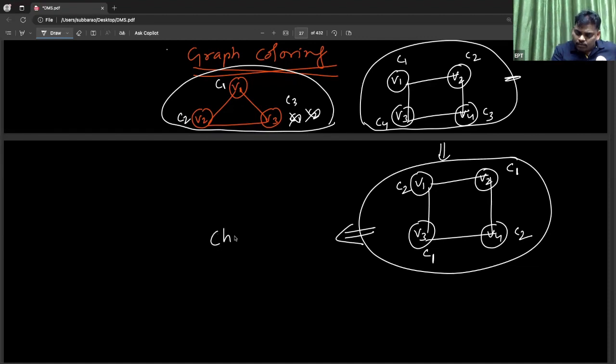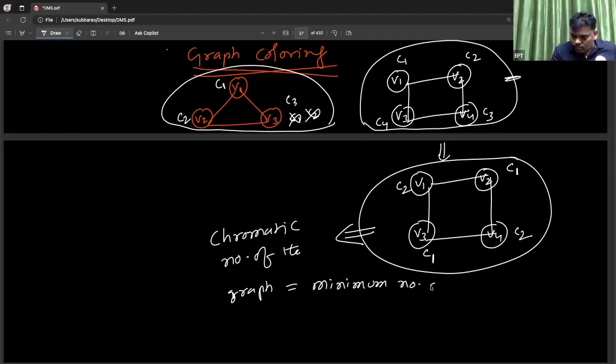The chromatic number of the graph is equal to the minimum number of colors needed to make the graph colorful.